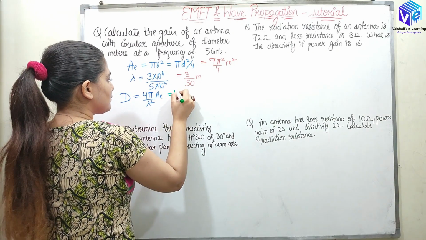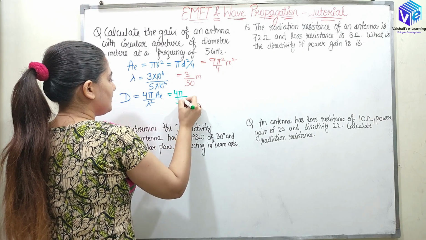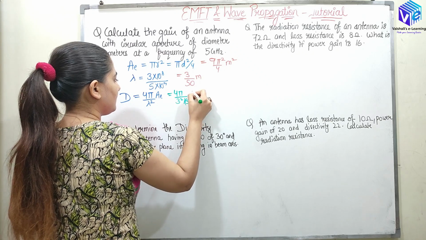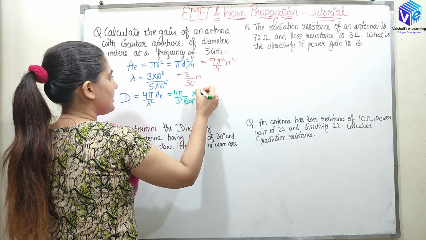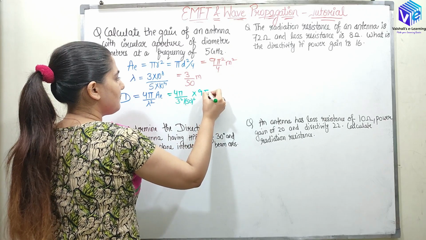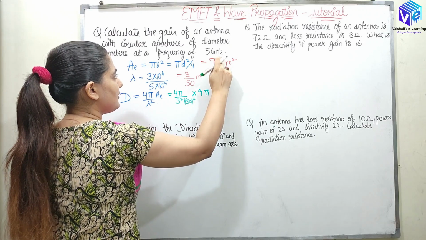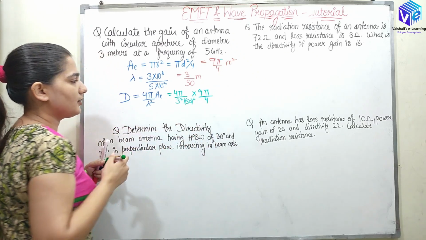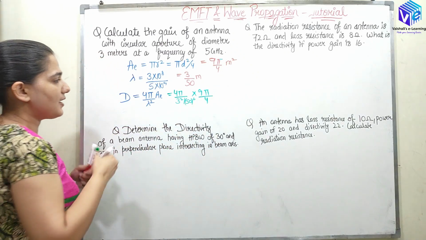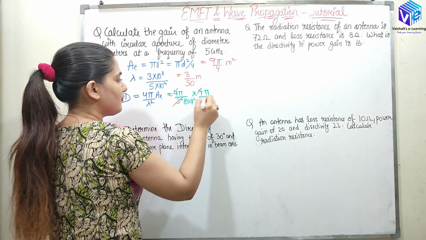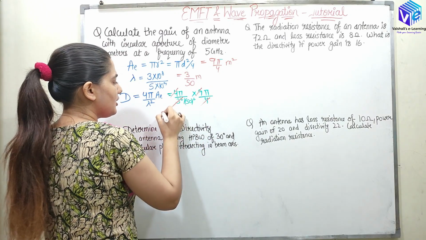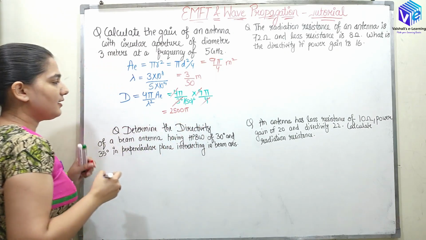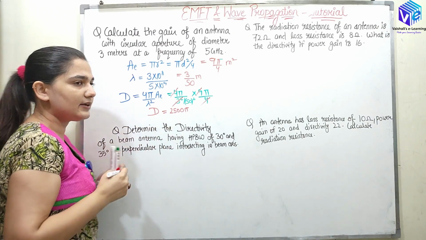So 4 pi upon 3 square upon 50 square into Ae. Ae was 9 pi upon 4, sorry, here we have 9 pi only, not square. Now 3 square will be cancelled with the 9, and 4 will be cancelled with this 4 here. So we'll have 2500 pi.